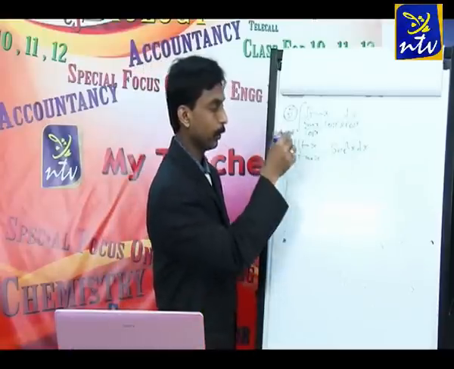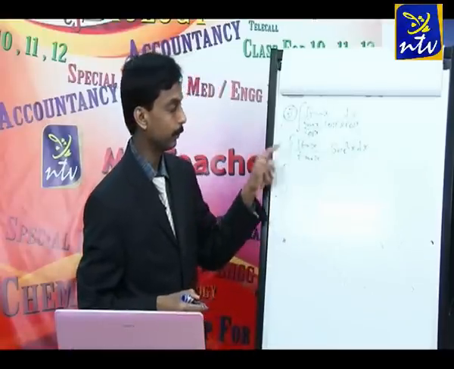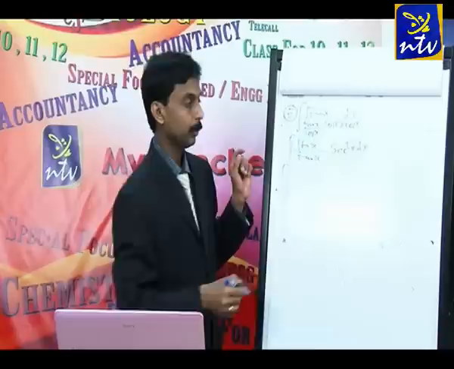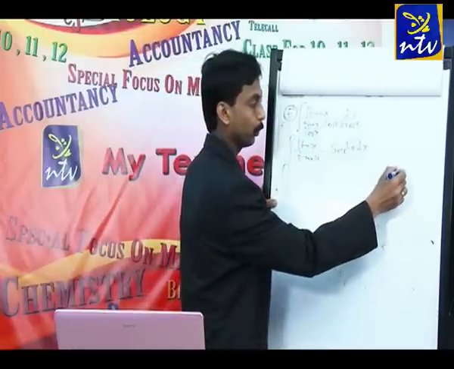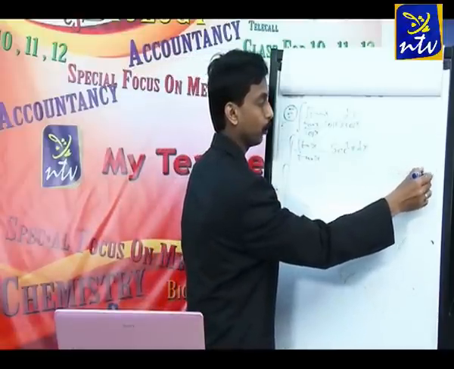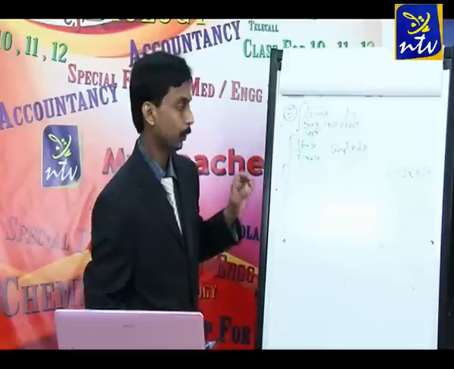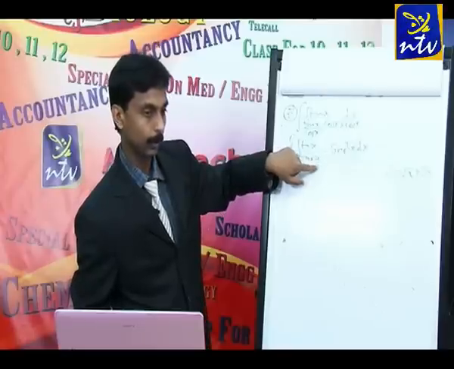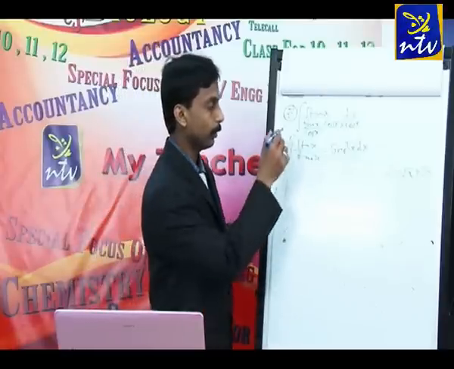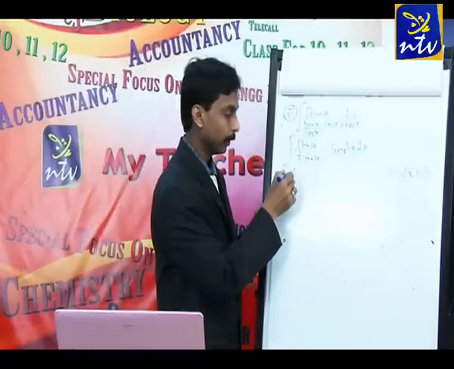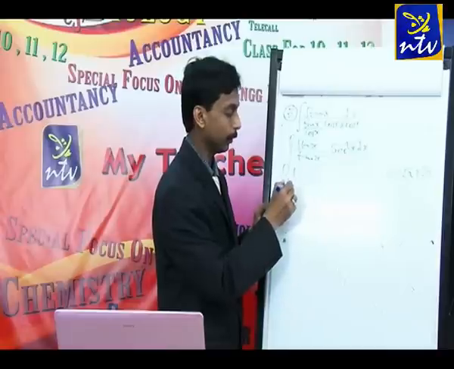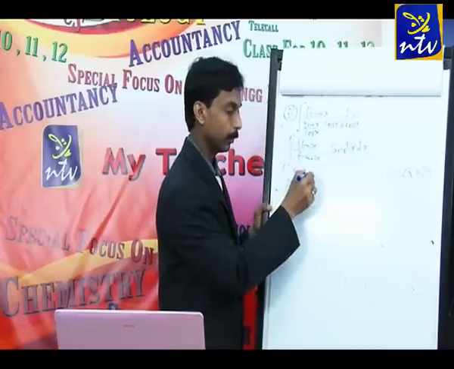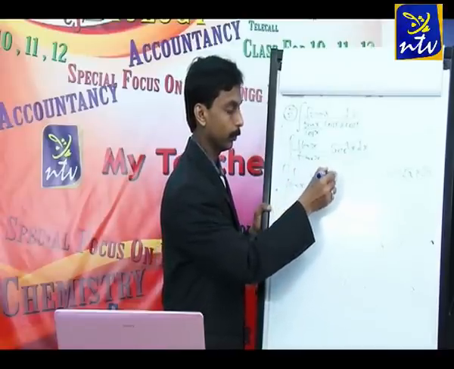Now root tan x divided by tan x. You know how to write 2? 2 you can write as root 2 into root 2; root 2 into root 2 is 2. So as it is, tan x you can write as root tan x into root tan x. By then one root tan x will be cancelled and one root tan x will be in the denominator, with sec square x also.